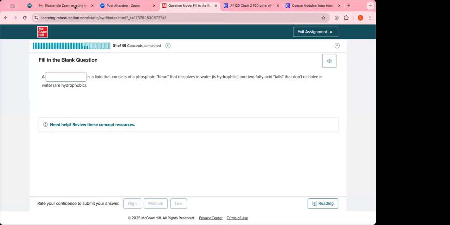That had two fatty acids and a phosphate. What do we call it? Do you remember? We literally just had it two questions ago. You remember what it's called?